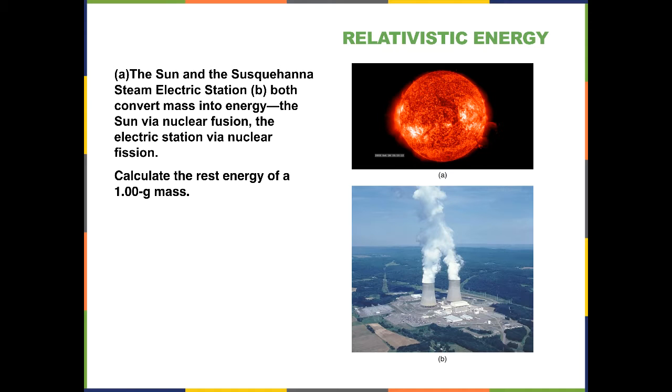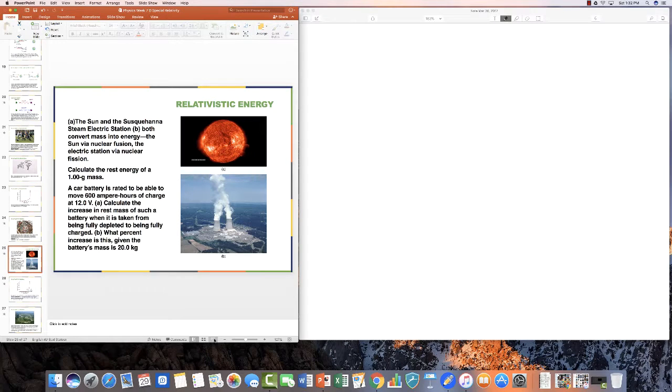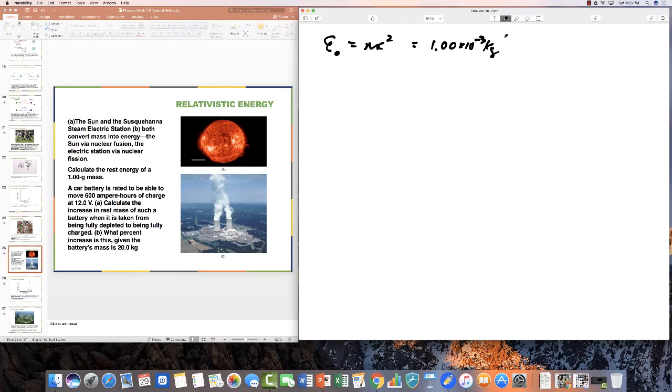So what would be the rest energy of an object that has 1 gram of mass? Now this is a very simple calculation. The rest energy is mc squared. In this case, it's going to be 1.00 times 10 to the minus third kilograms times 3 times 10 to the 8th meters per second squared.